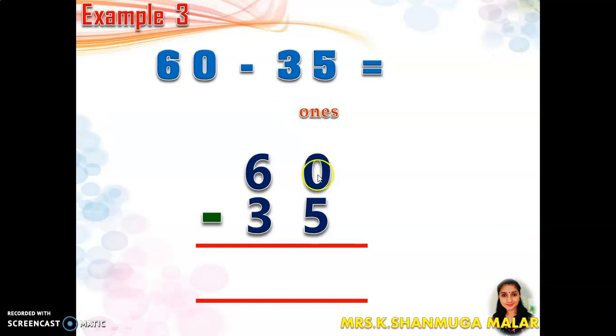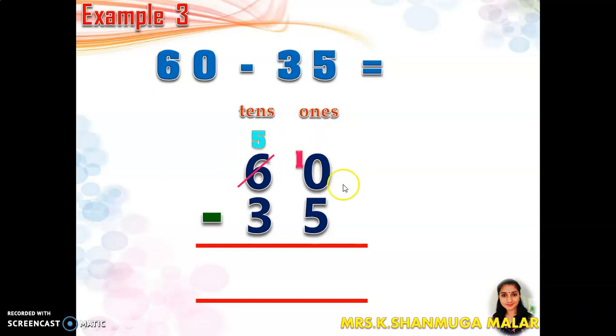Students, 0 minus 5. Can we minus 5 from the 0? We can't. So we must borrow from the tens place. Once we borrow 1 from 6, we get 5. And the other one we lend to the ones.